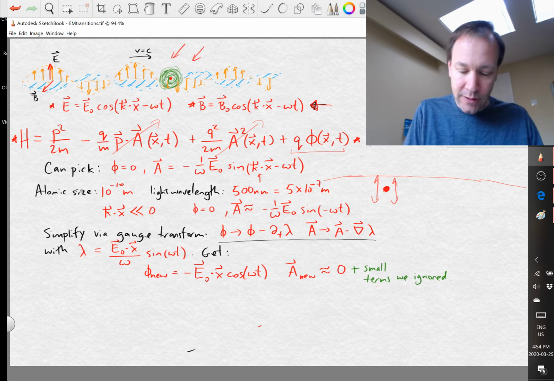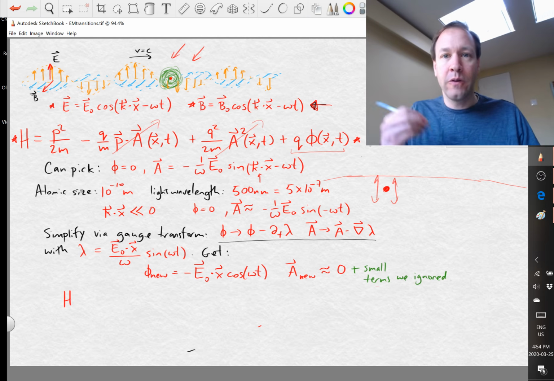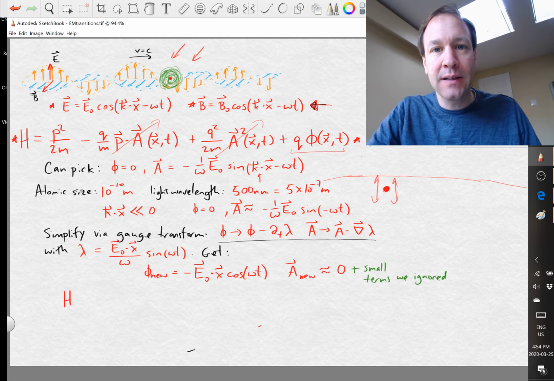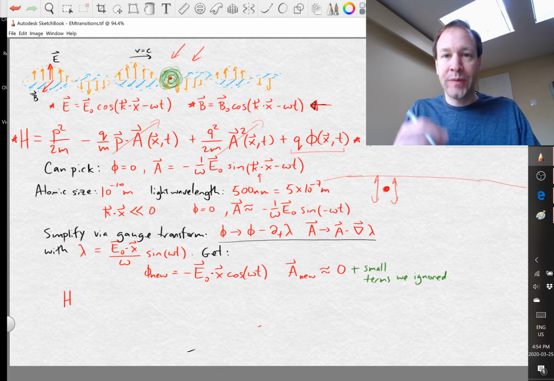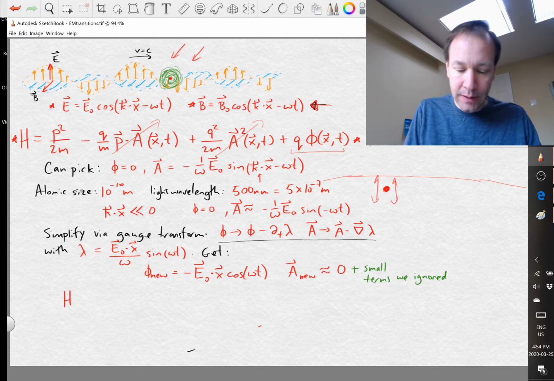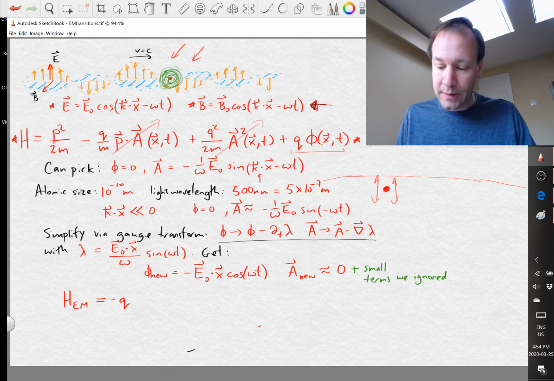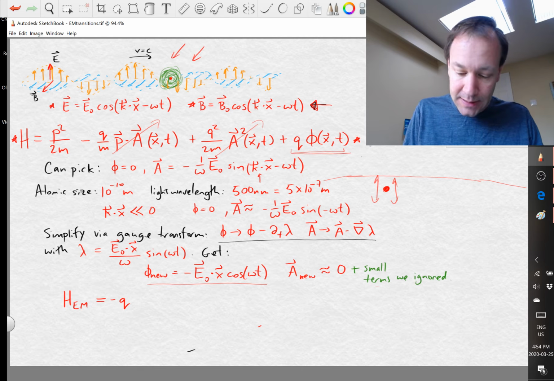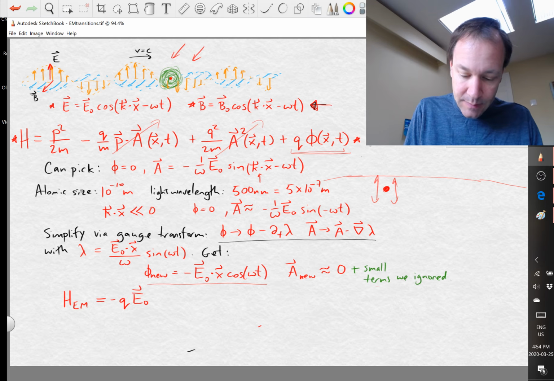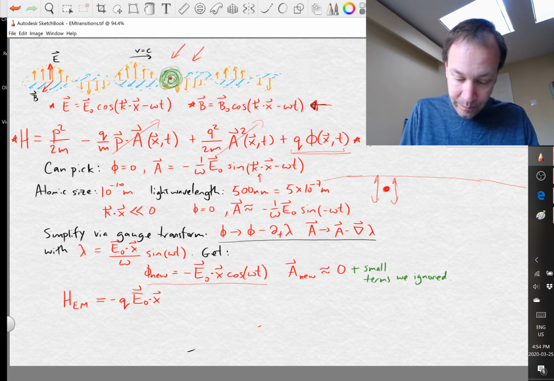For basically each charged particle in our atom or in our molecule, we have to add a term H_EM equal to minus, so we're just plugging in this guy into here, H_EM equals minus q times E0 dot x times cos omega t.